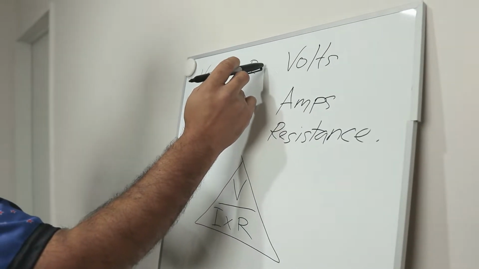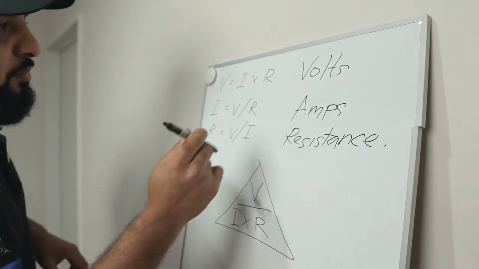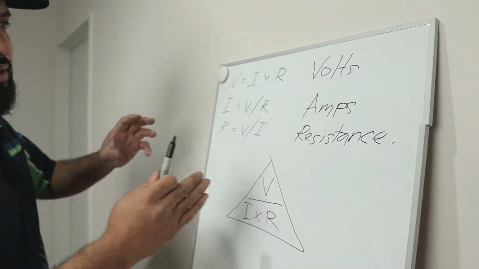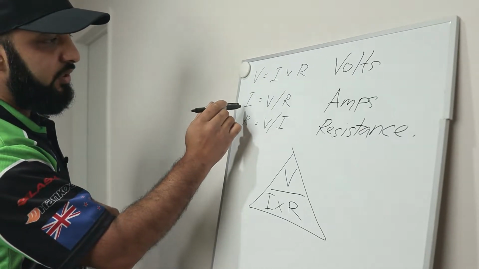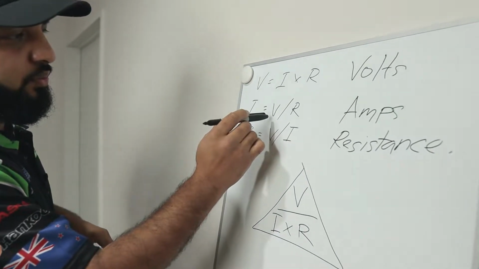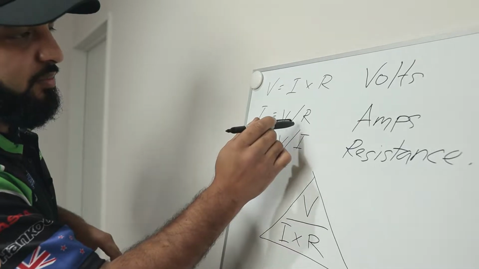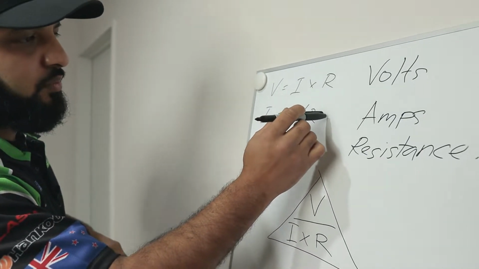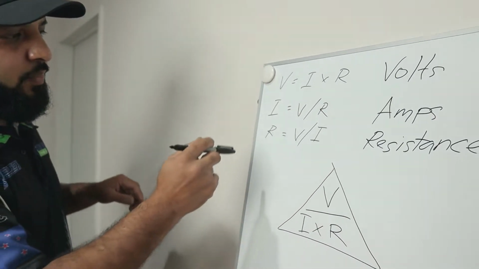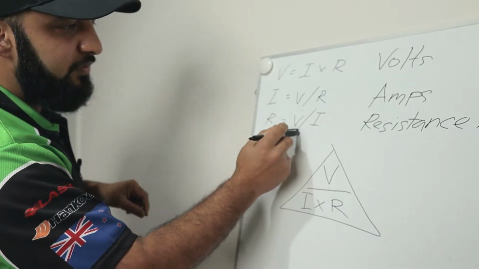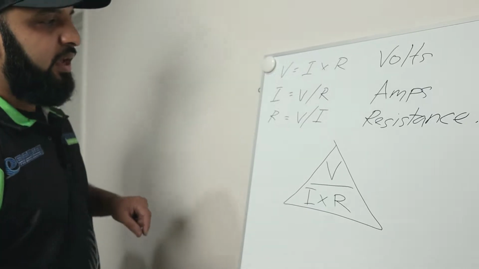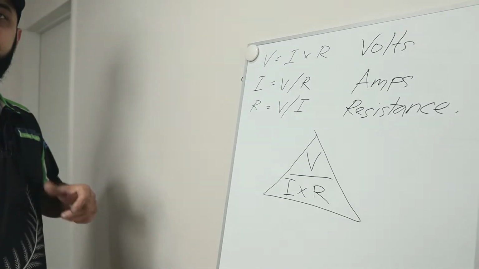That will give you the equation for volts, so you'll be able to figure out how much volts is running through any electrical circuit. Amps can be calculated by doing volts divided by resistance. That will give you the amperes running through the circuit. Resistance can be measured by going volts divided by amps, and that will give you the resistance.